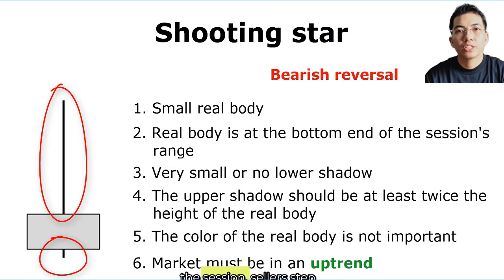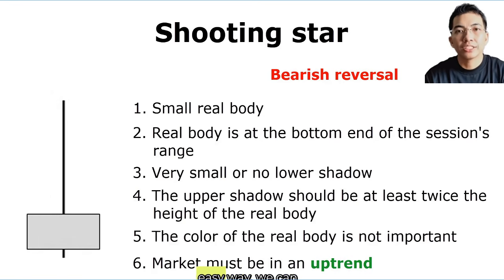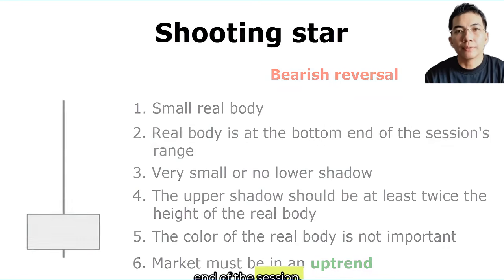By the end of the session, sellers step into the market and the price goes down, closing near the opening price. In a short and easy way, we can say that buyers were in control at the beginning, but sellers have been stronger by the end of the session.